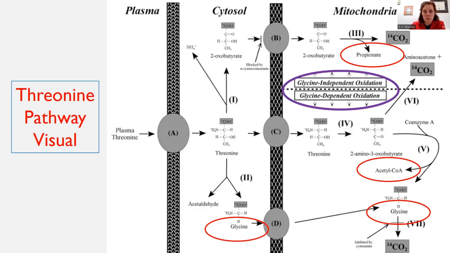So a good visual, this is the threonine pathway, and you see that it's happening in the cytosol and the mitochondria. The minor pathway is going to happen just in the cytosol. And you see propionate, or propionic acid.